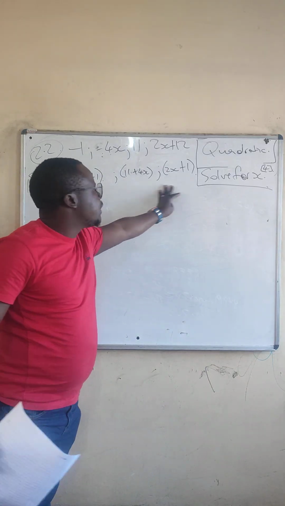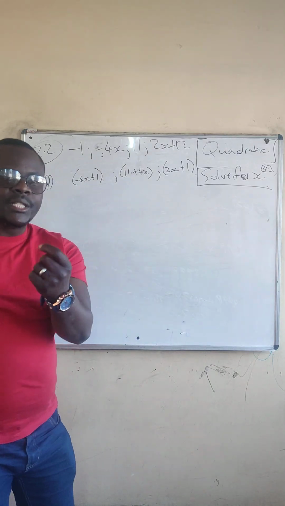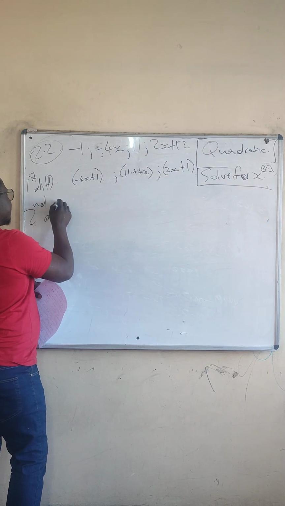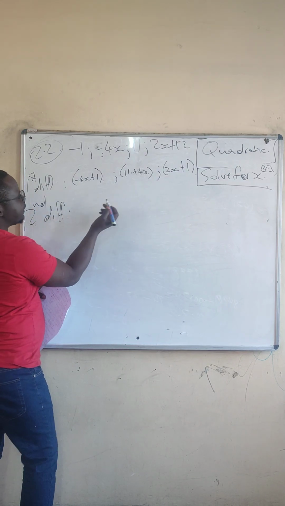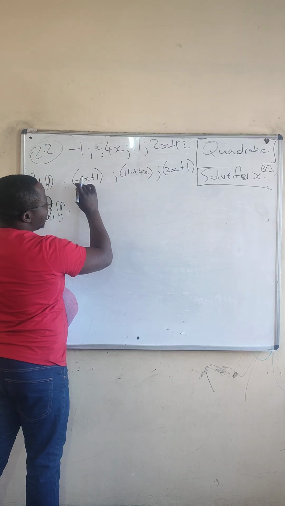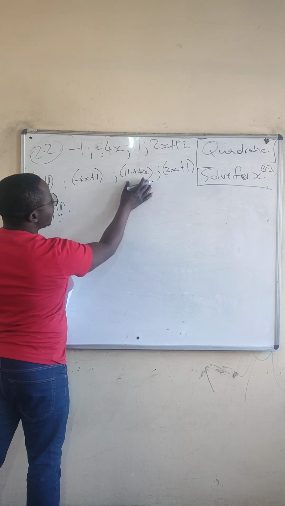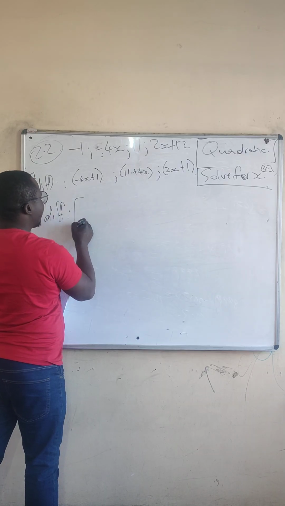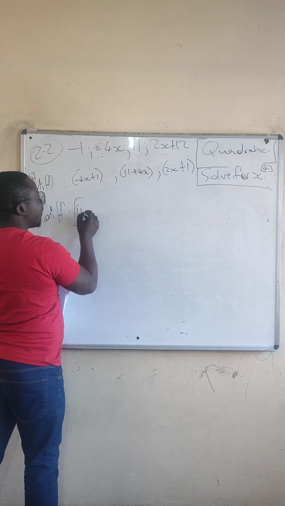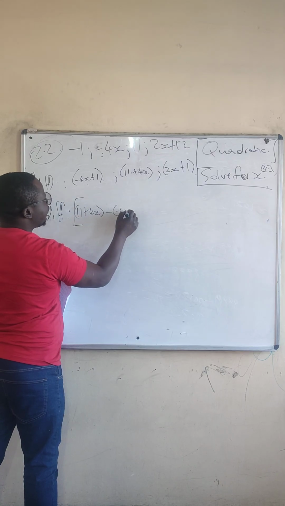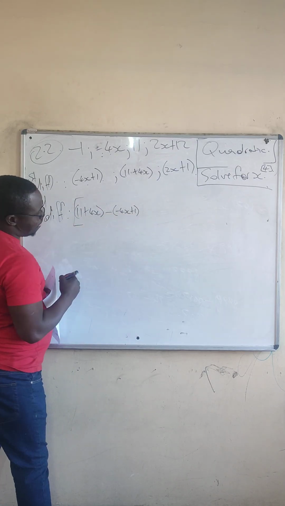We have the first differences. Let's find the second differences. How do you find the second differences? The first differences are subtracted from each other. This one minus this: open a bracket, 11 plus 4x, subtracting negative 4x plus 1.